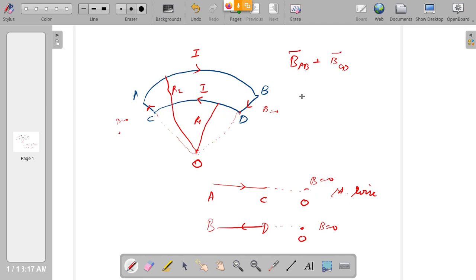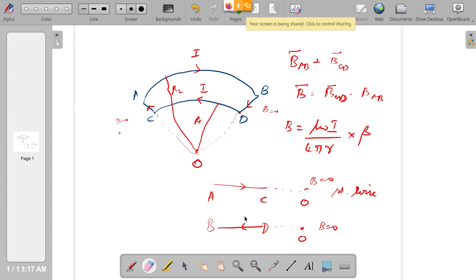So effectively you have to subtract: B is equal to B_CD minus B_AB. Our formula for the magnetic field due to a circular arc is mu naught I divided by 4 pi R into beta.